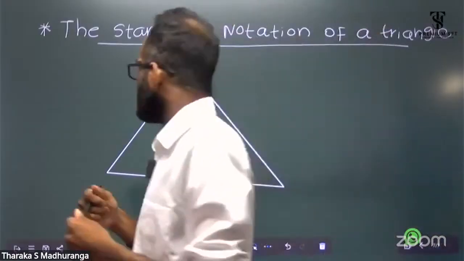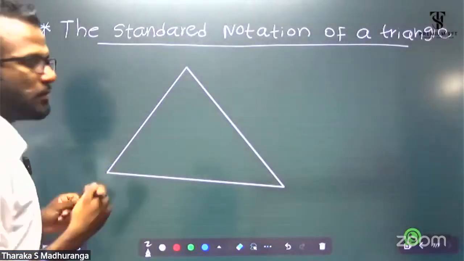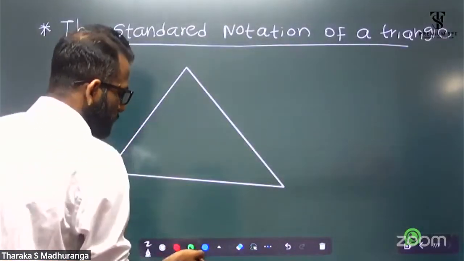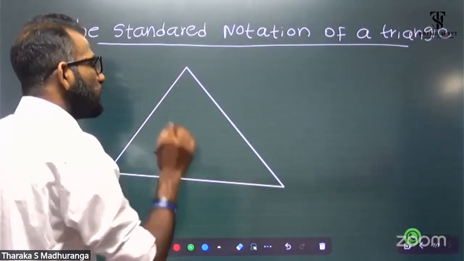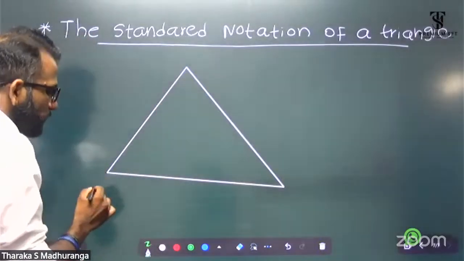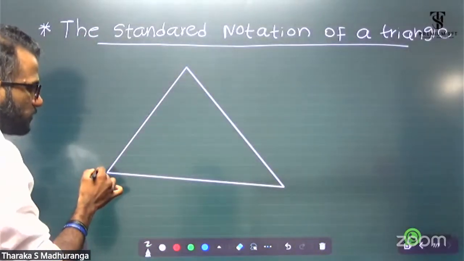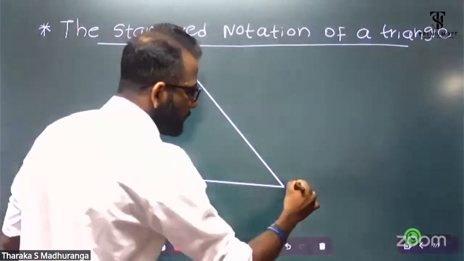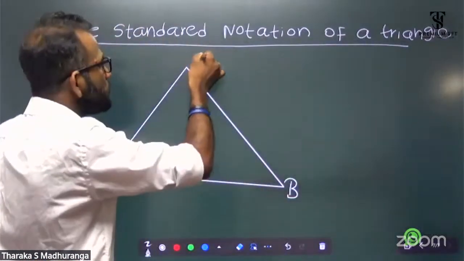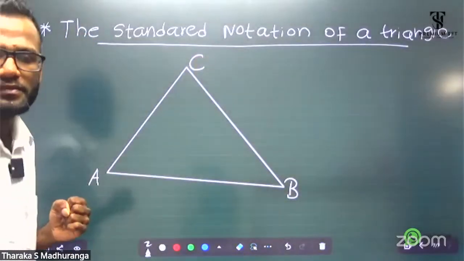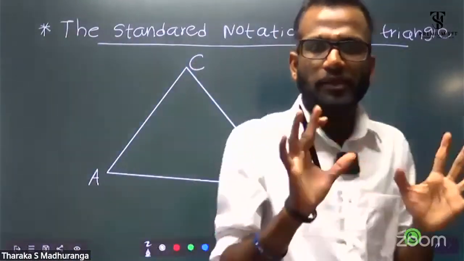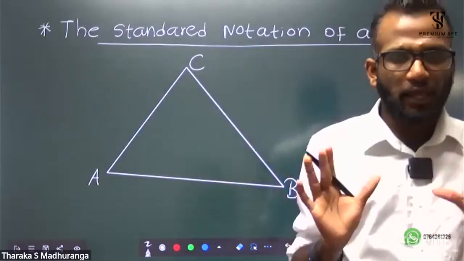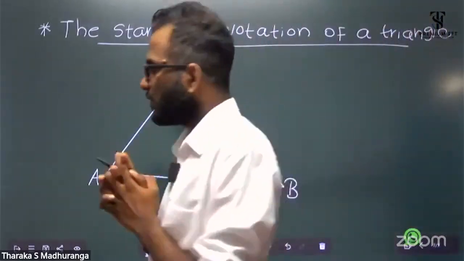Okay, now what is this labeling method? First, I can name this vertex. This is vertex A, this is vertex B, this is vertex C. Then the triangle name is triangle ABC.